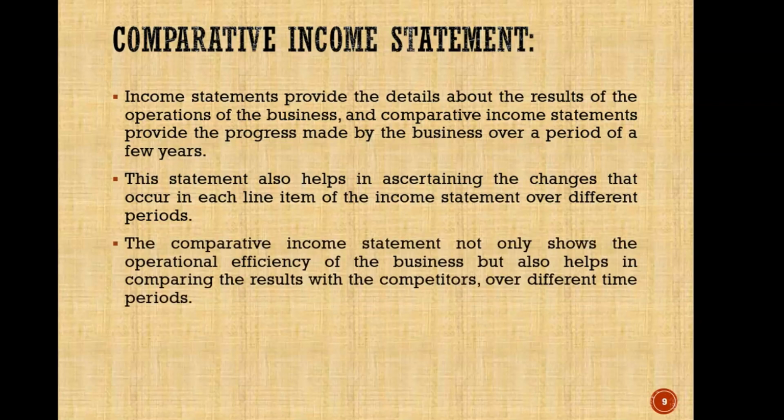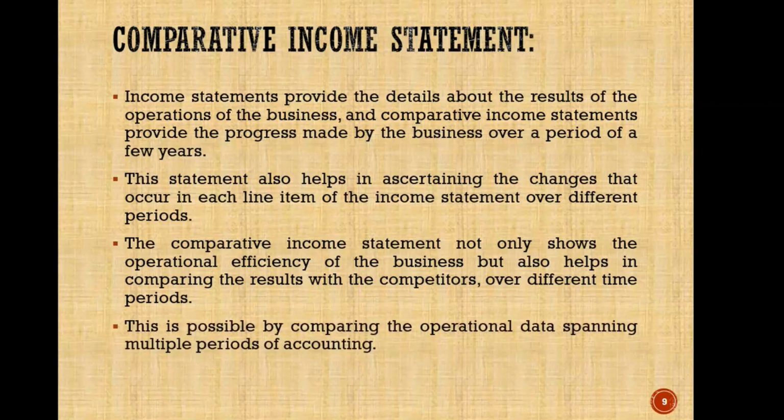The comparative income statement not only shows the operational efficiency of the business but also helps in comparing the results with the competitors over different time periods. This is possible by comparing the operational data spanning multiple periods of accounting.